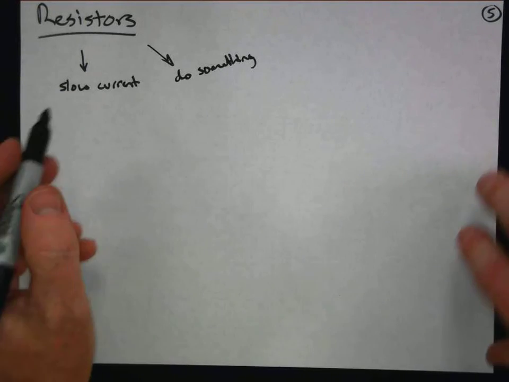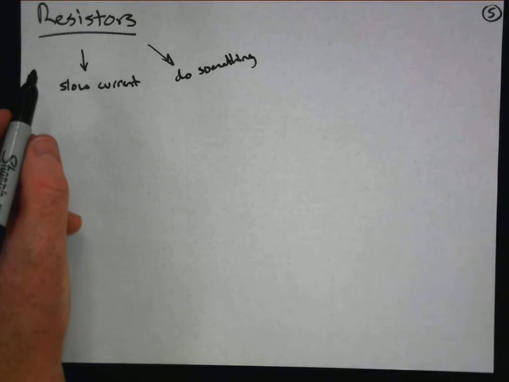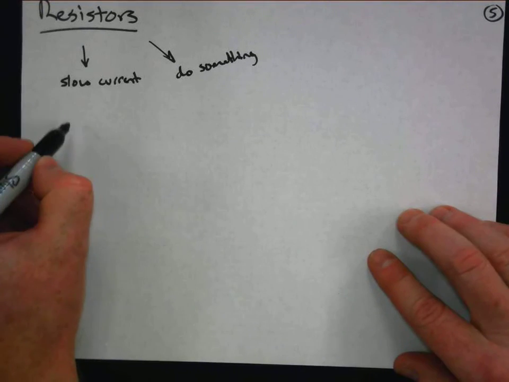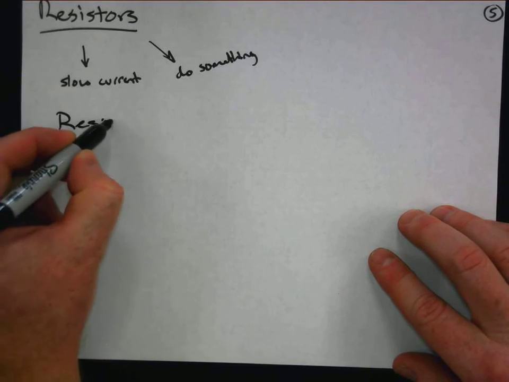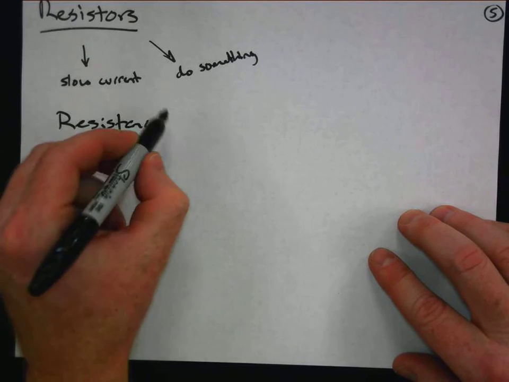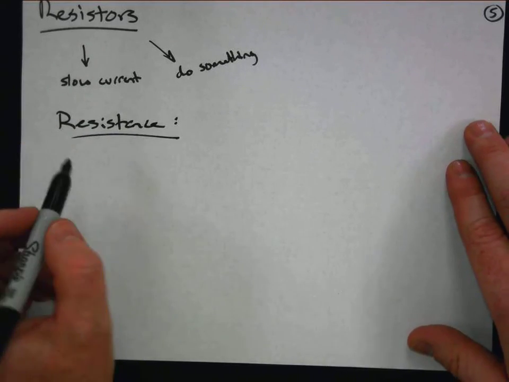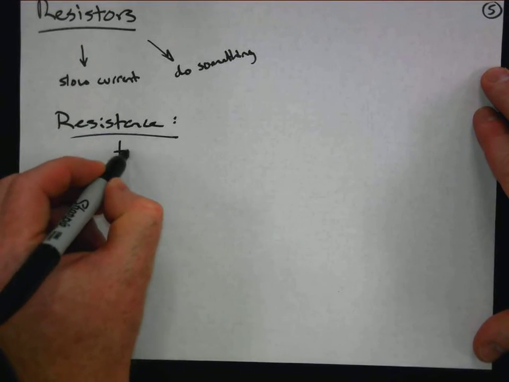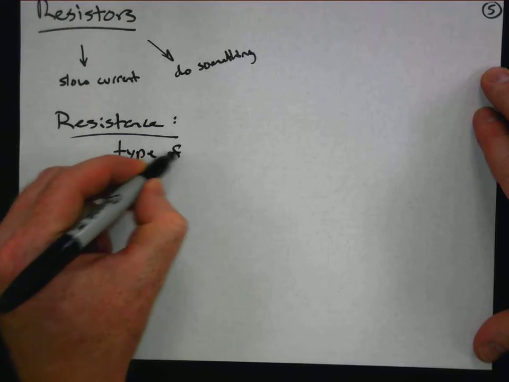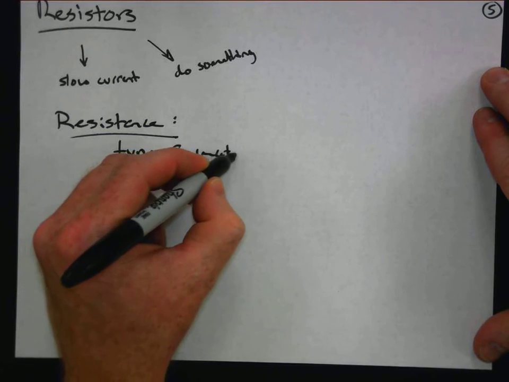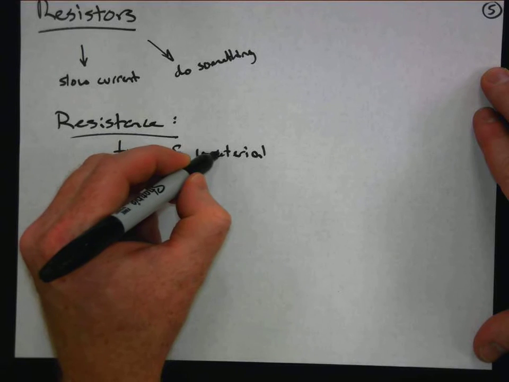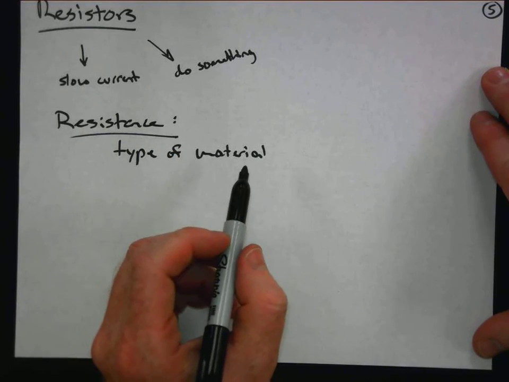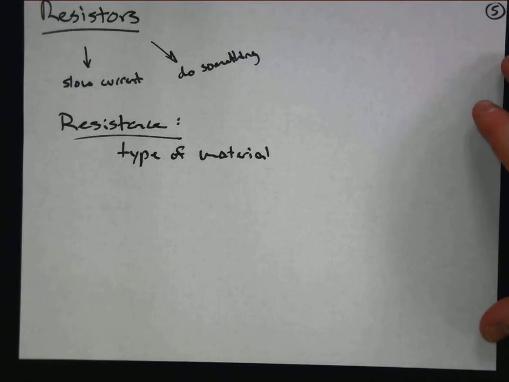Okay, now, what about the resistance of a part of a circuit? Well, it depends on several things. Number one, it depends on what it's made of, the type of material. Some materials are much better conductors and will have a low resistance.